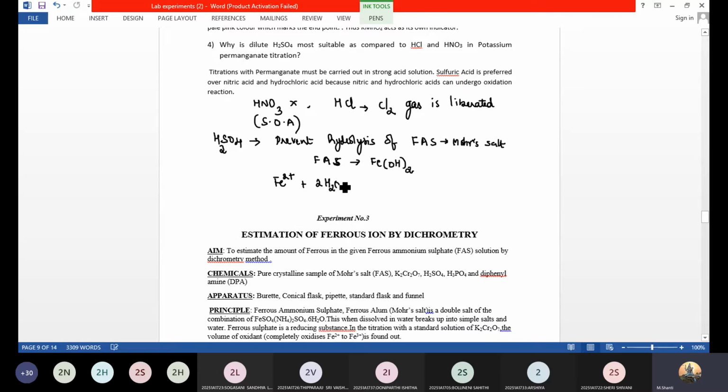You have a reaction between the water molecules and the Fe2+ and it forms ferrous hydroxide plus 2H+. We don't want this reaction to happen, so for this purpose you are adding H2SO4. We want ferrous in the FeSO4 state but not as Fe(OH)2. Understood?